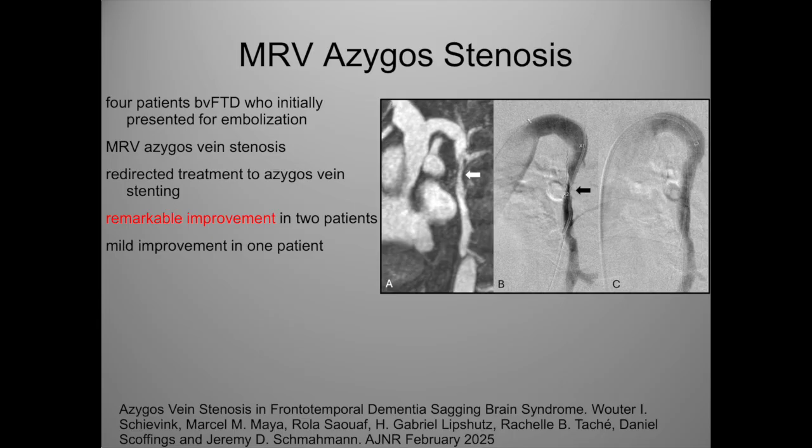We studied some patients, and in 4 of them, on MRV, we demonstrated azygos stenosis, and we went ahead and treated those with azygos stenting. 2 patients had remarkable improvement, 1 patient had mild improvement, and this MRV shows that stenosis in the azygos.